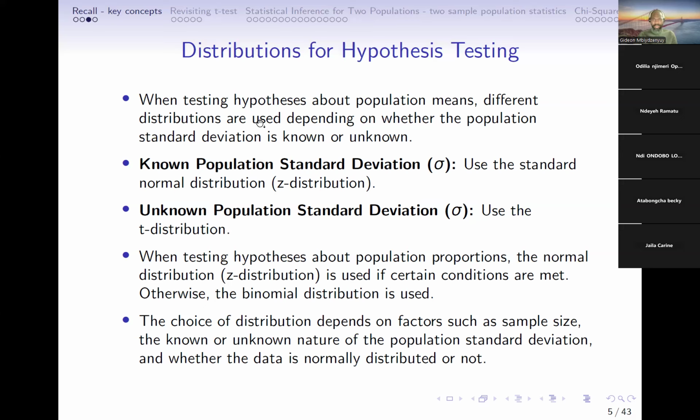Then it's possible to use the standard normal distribution, if we, for some reason, have knowledge about the population standard deviation. On the other hand, if we do not, then we use the t-distribution. We also saw this earlier.